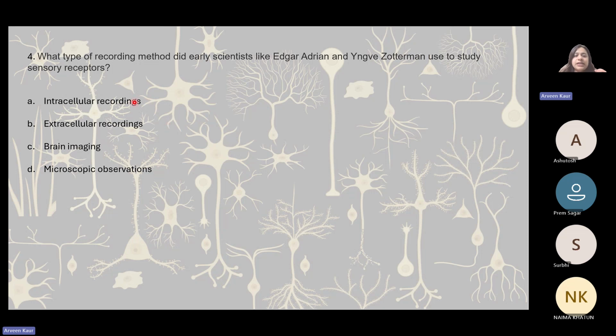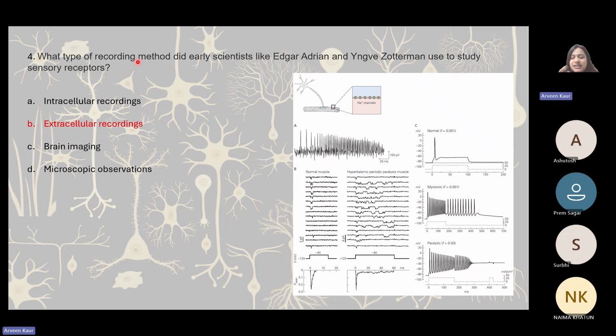Then what remains are intracellular recordings and extracellular recordings. Because it says early scientists, it would be a less sophisticated technique than what we have today. So you can safely assume that they are talking about extracellular recordings. Intracellular recording means recording from a single neuron.